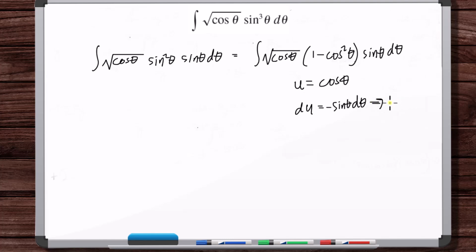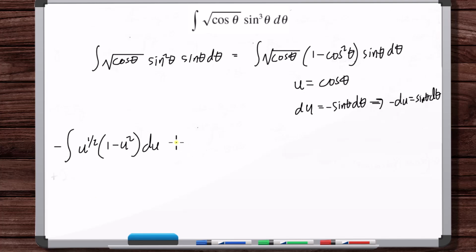So minus du is equal to sine theta d theta. There it is. And so cosine theta is u, we'll put u to the 1/2, 1 minus u squared, and then du with the minus sign.